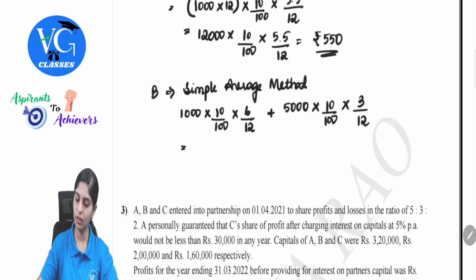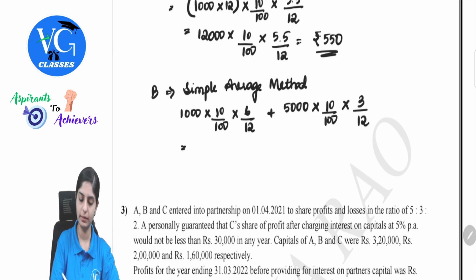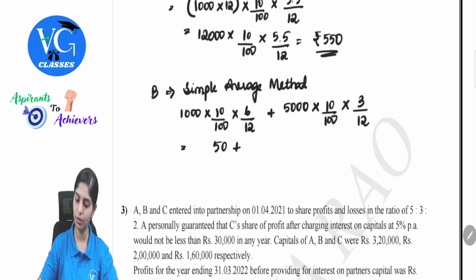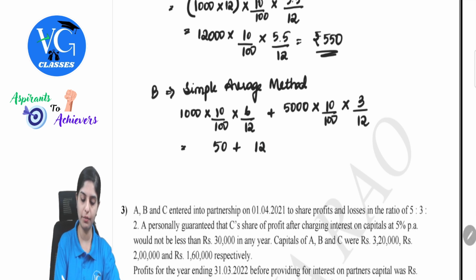So this will be 1000 into 10% into 6 by 12 plus 5000 into 10% into 3 by 12, 125. So this in total will be 175.